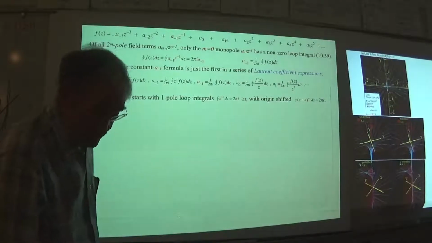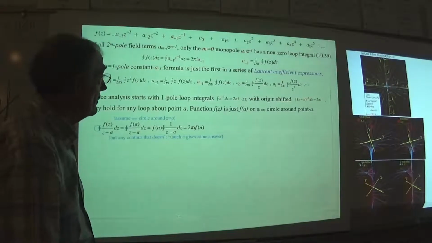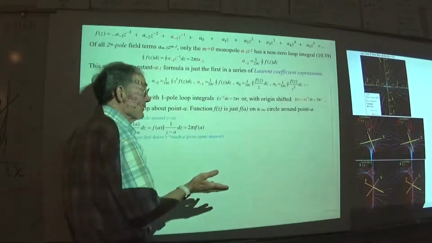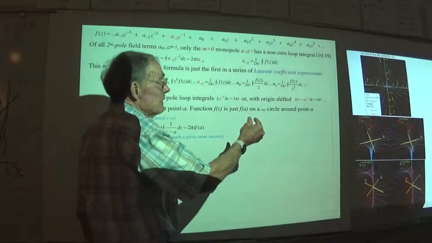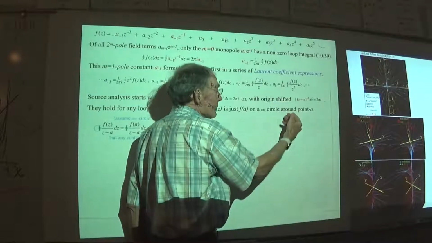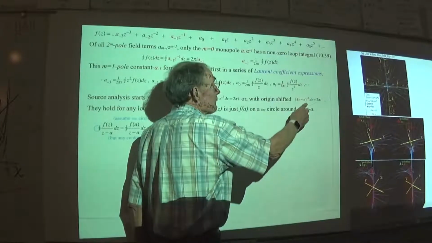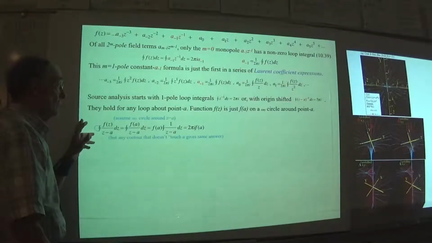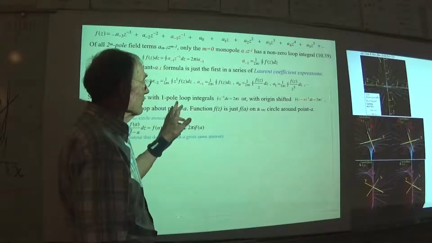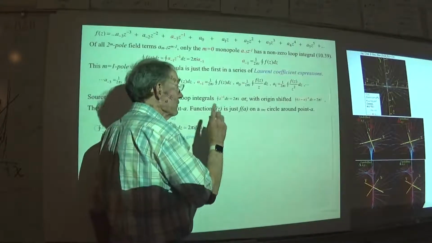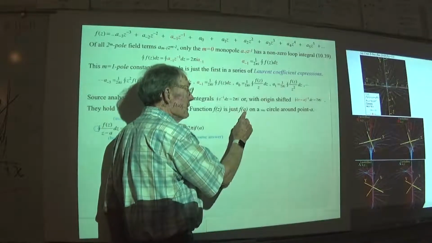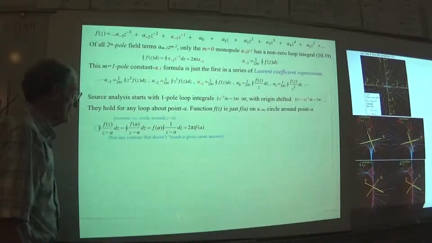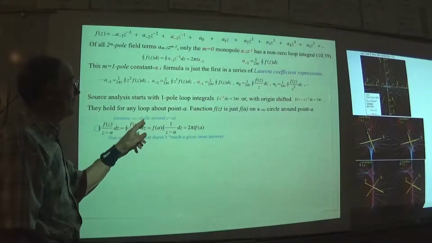Now the whole idea is that these loop integrals, this particular one here, we're talking about a function of 1 over z minus a constant. So now my monopole, if there was one, is perhaps located at a point that's not the origin, but some other point in the complex plane. And the idea is that for any loop around a point, this is just exactly the value of the function on a tiny circle around the point A. Let's assume any tiny circle around it.